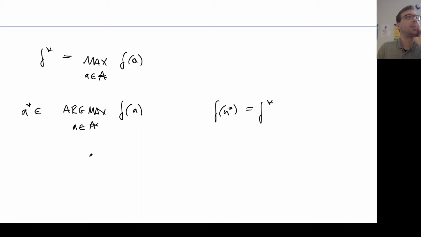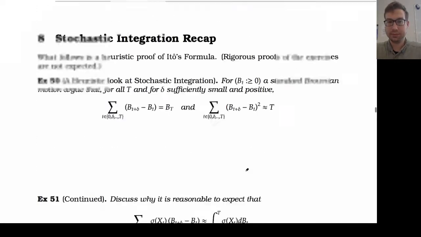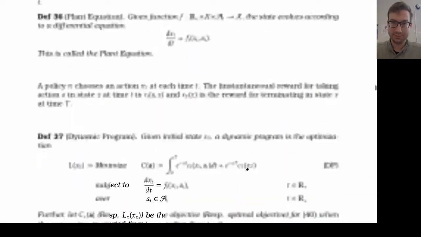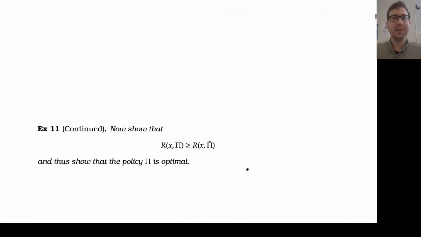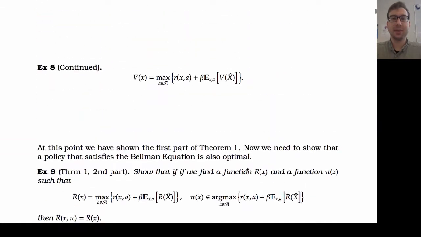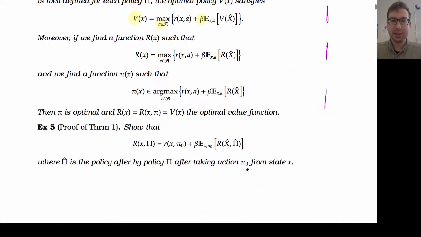Obviously, not all problems have a maximizing argument, but for the sake of this course, we might as well assume that they do. It's a good question to ask because we're going to be writing maxes and argmaxes quite a bit.